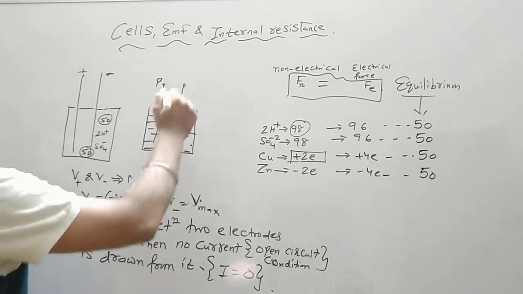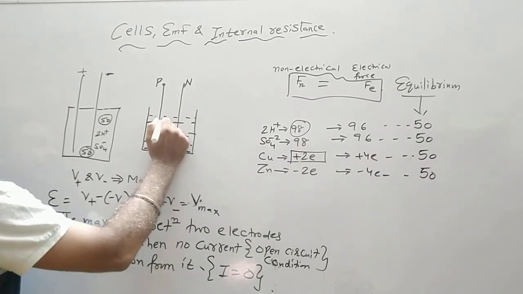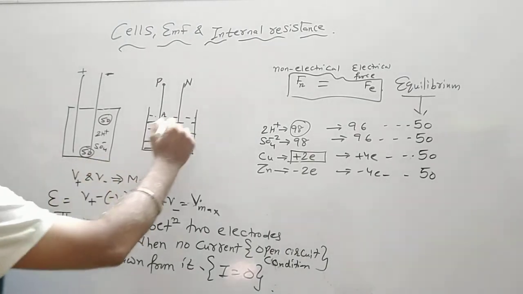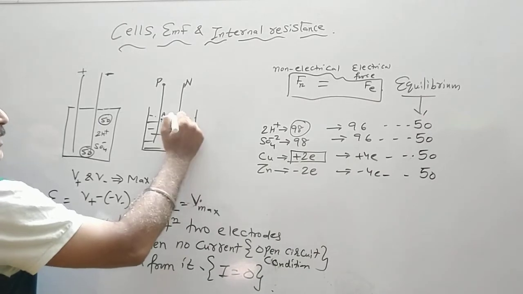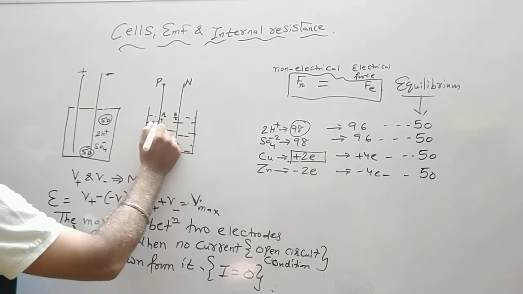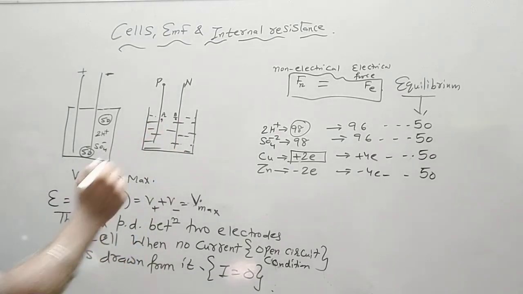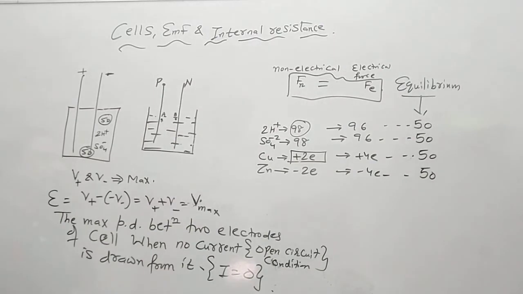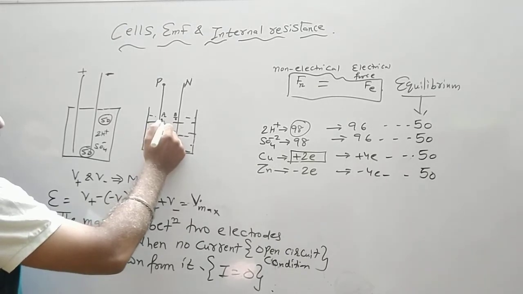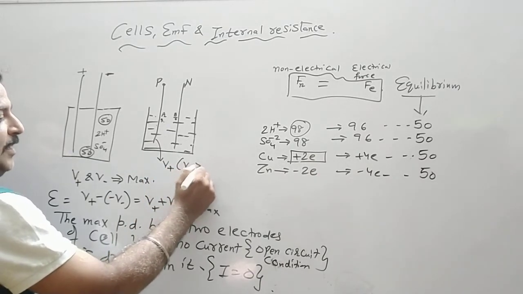Let us denote this by P and this as N. Now they have taken a point inside the electrode labeled as point A, and a point in the electrolyte labeled as point B. So there is a potential difference between this rod and the electrolyte, say point A. This potential difference between this rod and point A in the electrolyte is denoted as V plus, where V plus is greater than 0.